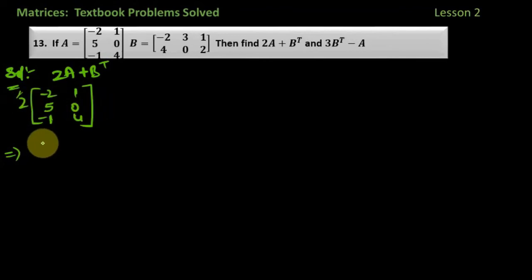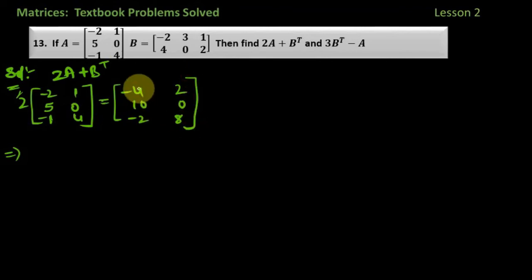The answer of this is minus 4, 10 and minus 2. Similarly 2, 0, 8. So this is the 2A value.